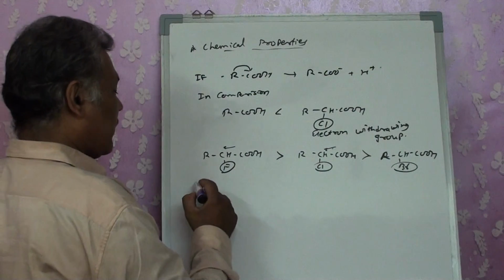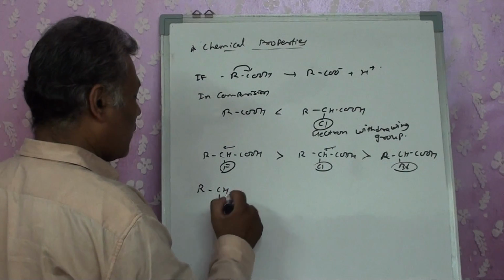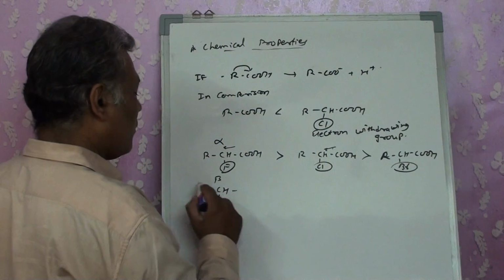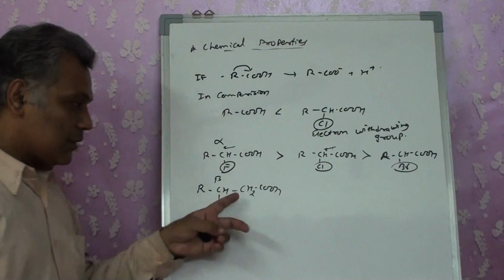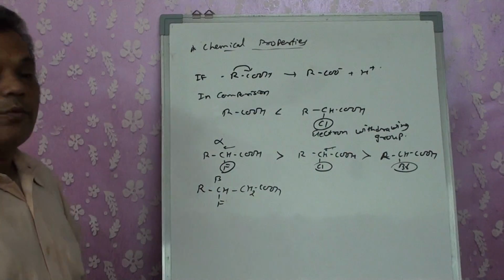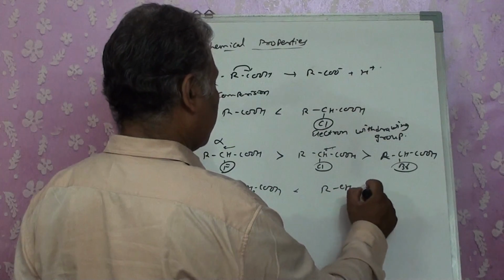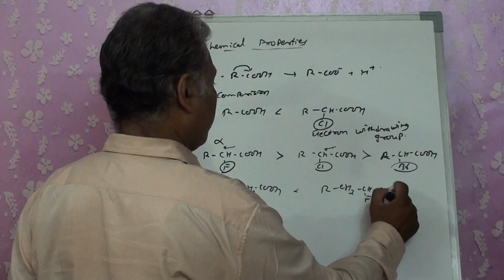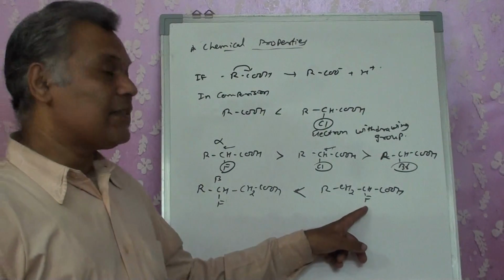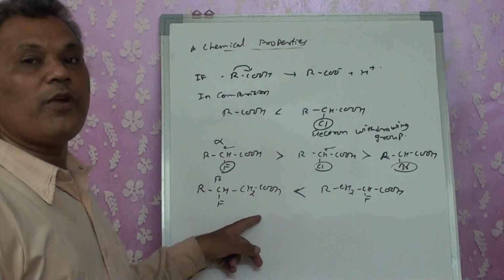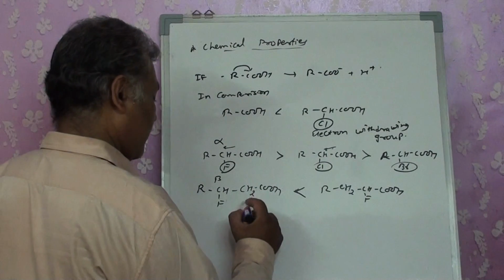But if this group is extended, if I take more carbon atoms from alpha to beta, we took this fluorine from alpha to beta, then what happens? Its acidic character is reduced. So as the electron withdrawing group moves away from the carboxylic acid, its acidic character decreases.